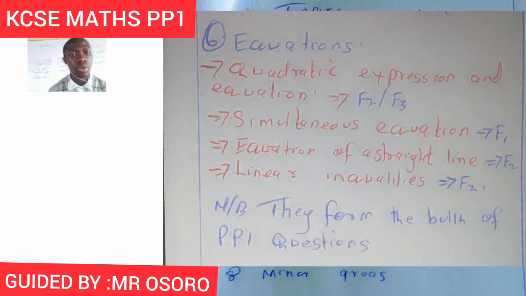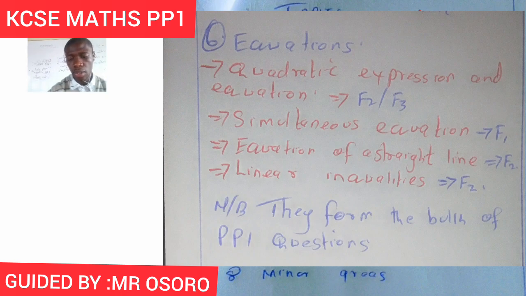This is a Form 2 and Form 3 topic. Then you move to simultaneous equations, Form 1. That's a Form 1 topic. Then we move to equation of a straight line, which is a Form 2 topic.